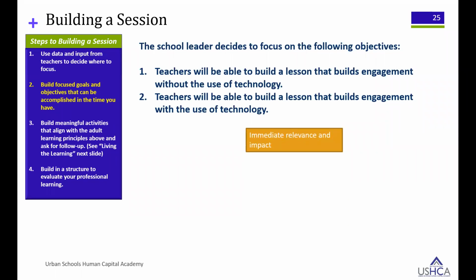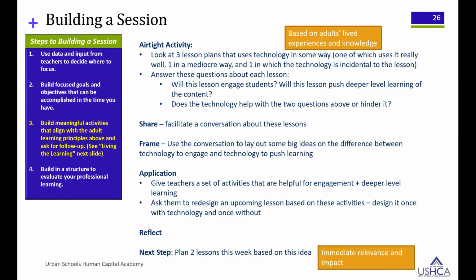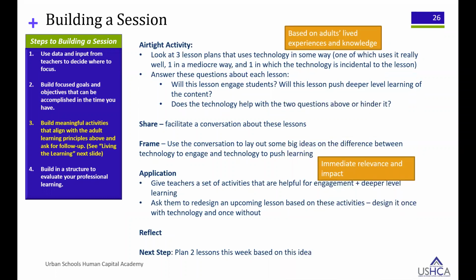As they come up with objectives, you see a continued focus on relevance and impact. Then, as they build the session, they still make sure that the activity is based on adults' lived experiences and knowledge and has immediate relevance and impact.